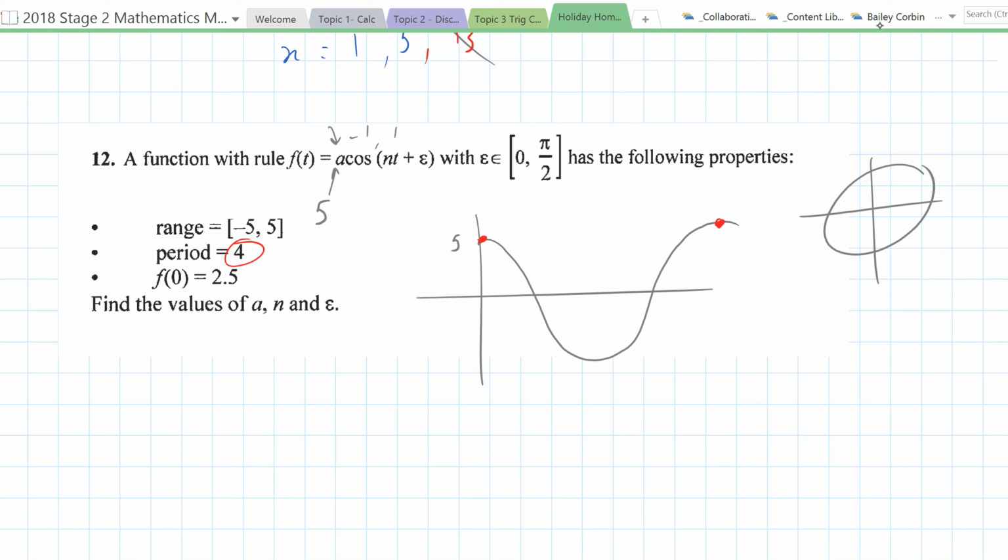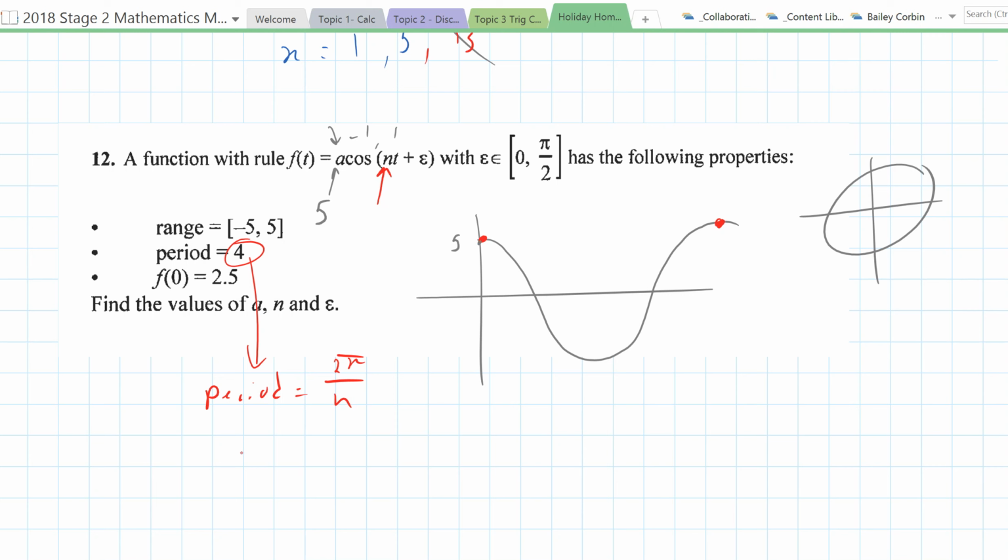And here is really the only formula you should be needing to memorize. This period is equal to 2 pi over this here. Now in the Year 11 textbook it's called b, but here it's n. So 2 pi on n.